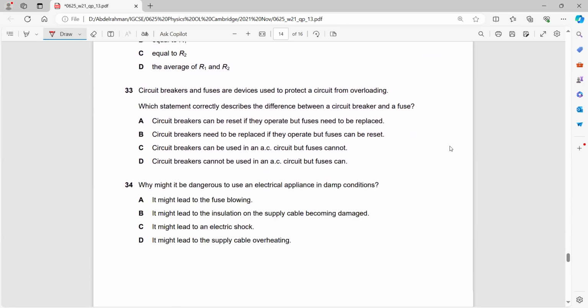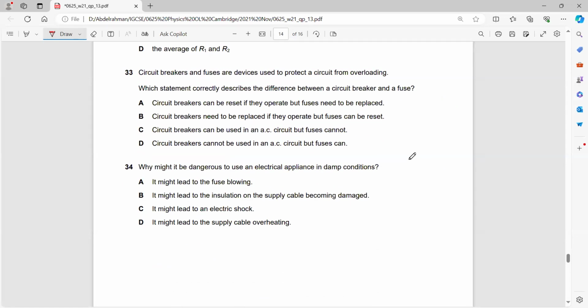Circuit breakers and fuses are devices used to protect a circuit from overloading. Which statement correctly describes the difference between a circuit breaker and a fuse? The only simple difference is that the fuse needs to be replaced.